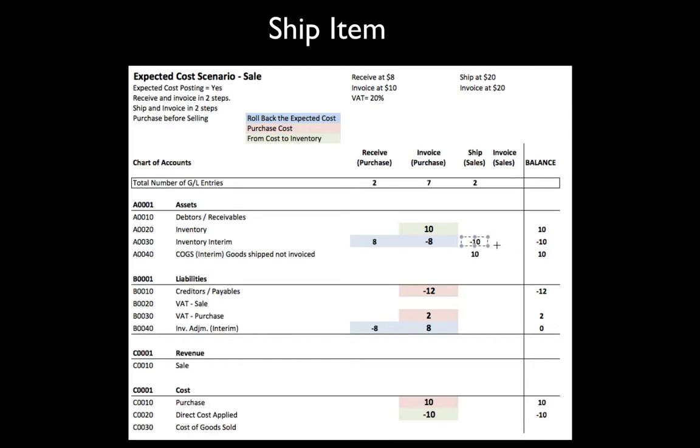How can you think about the counter posting or the debit for this credit? Well, Navision calls this account cost of goods sold interim, which sounds a lot like it should belong in the cost section. So I personally think that a better description of this account would be goods shipped, not invoiced.